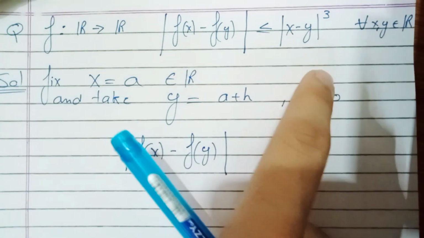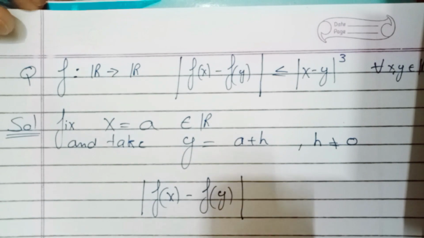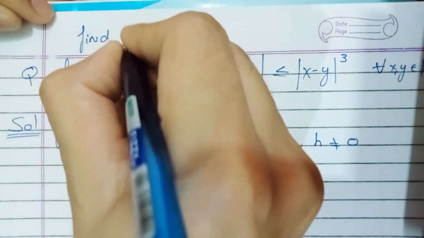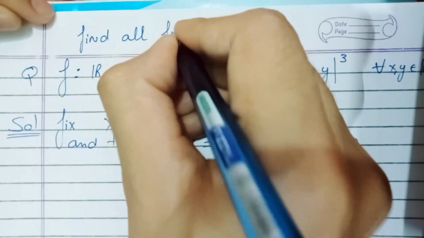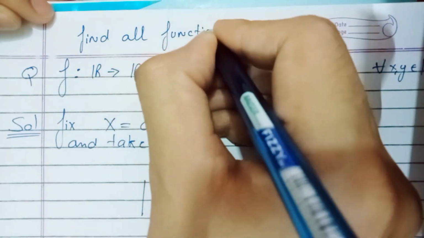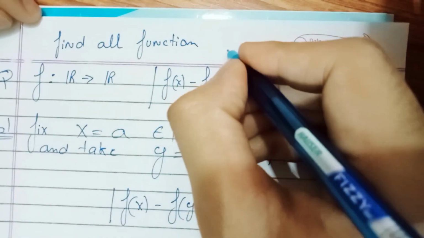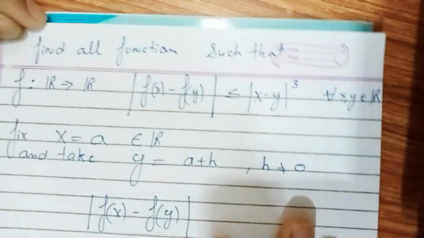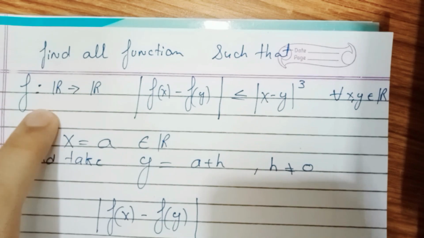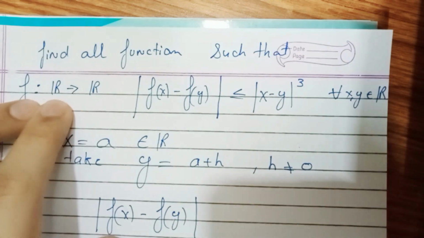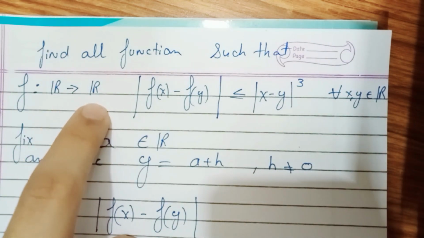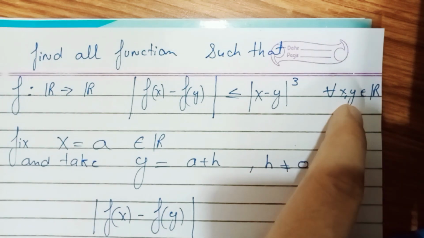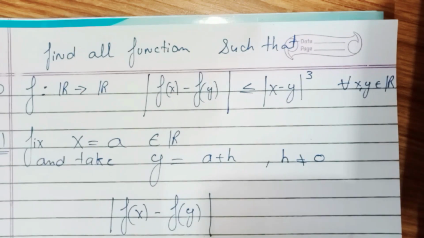I have not mentioned here, I should have mentioned: find all functions such that f takes a value from R, and the codomain is also R, satisfying the inequality for all x and y belonging to R. We have to find all such functions, and so far we have come this far.